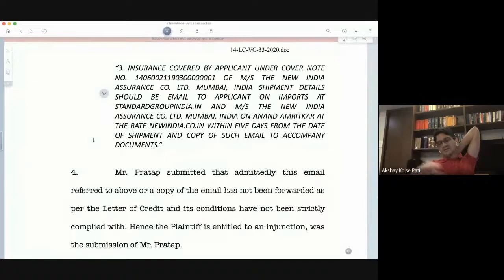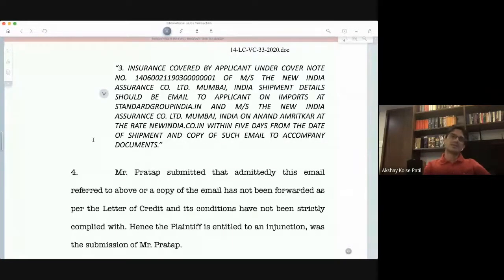Also, this is a very fascinating background to this case, because what had happened here was the contract was entered just before the lockdown. The goods were sent just before the lockdown came into force, and once the goods were sent, the buyer made a claim of force majeure on the basis of the COVID lockdown, and sought to renege on his contract, and that's why sought an injunction against payment being made under the letter of credit.